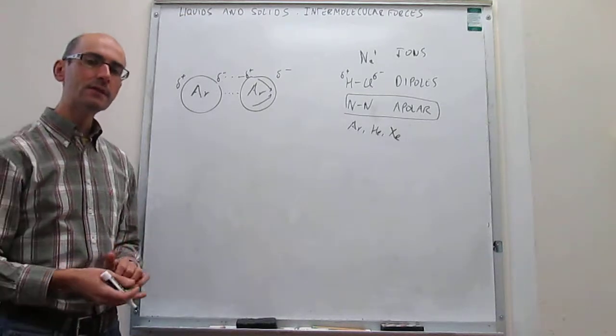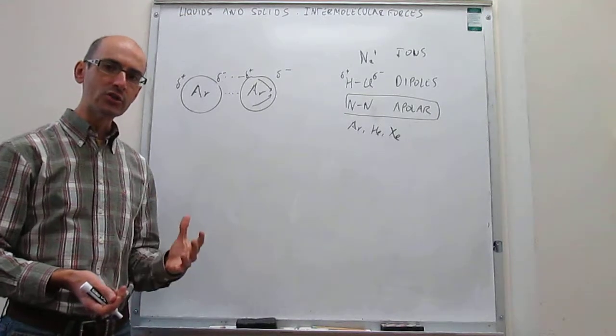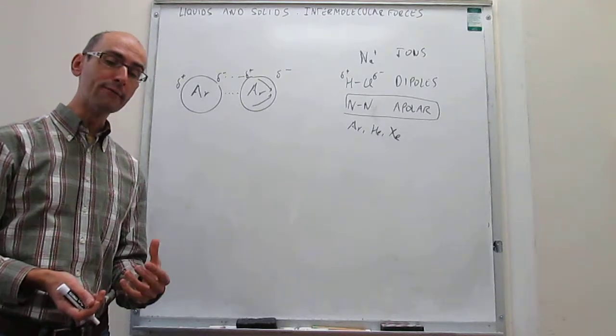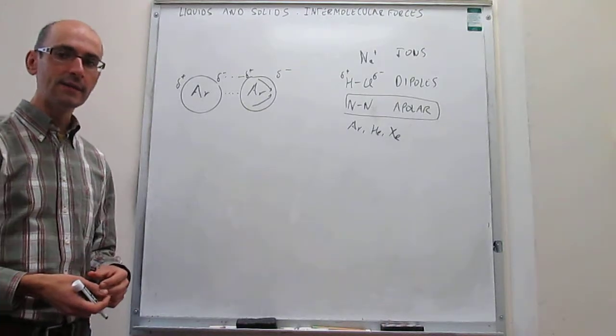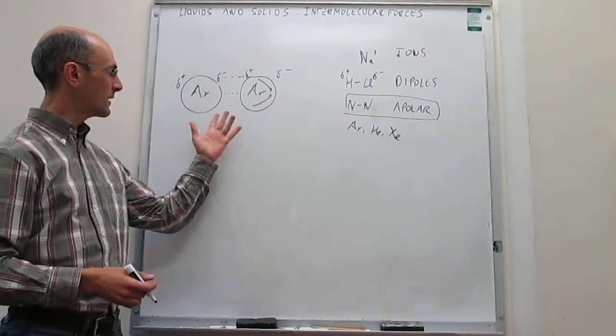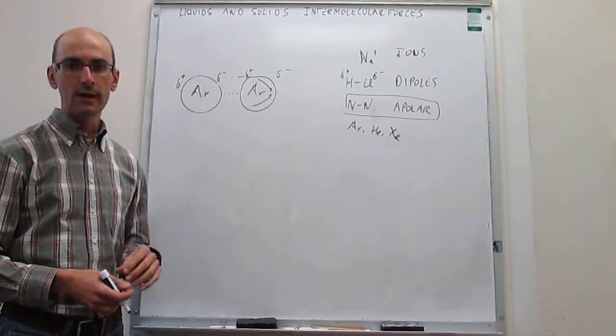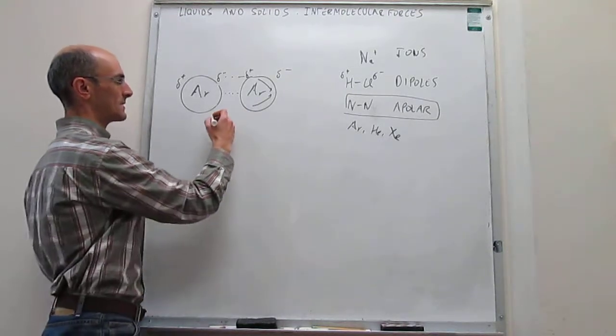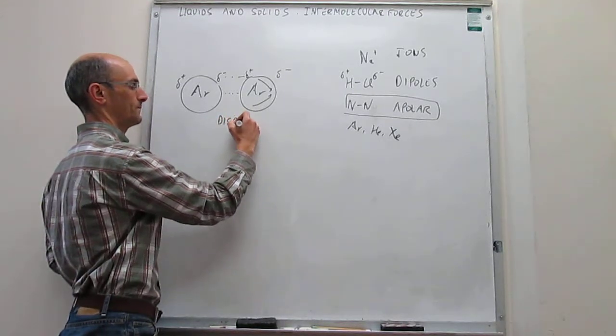Again, an important difference here is that on average there's no permanent dipole moment, but these molecules can have a fluctuating, fleeting, temporary dipole, which allows them to interact. This is what we call dispersion.